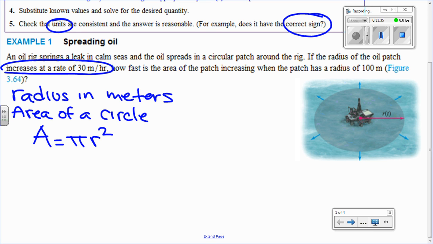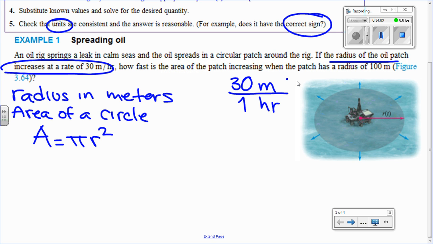And then we also want to talk about how fast is that increasing, correct? So the radius of the oil patch increases at a rate of 30 meters per hour. How should we call that? We're talking about what is increasing first. Meters, but what kind of units are we talking about?